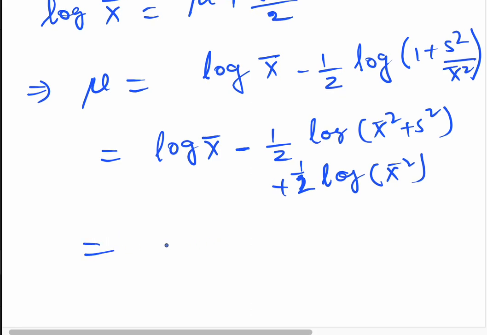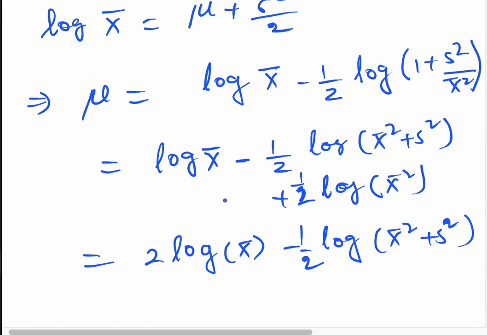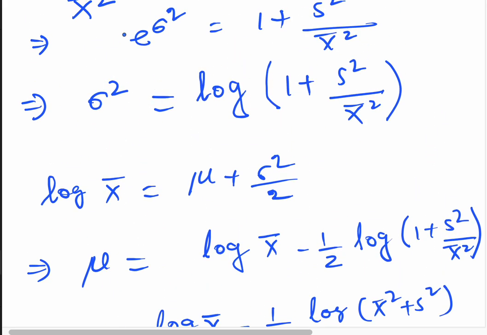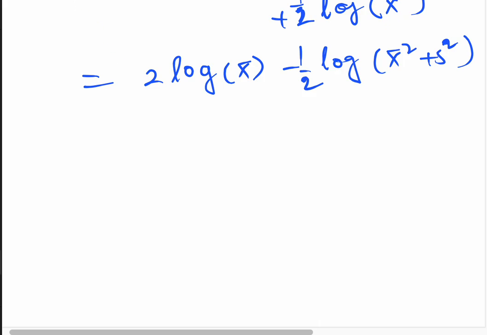So this will be nothing but 2 log x bar minus half log of (x bar square plus s square). So that will be the moment estimator for mu, and that is the estimator for sigma square. So that's it. Now let's move toward question number 4.